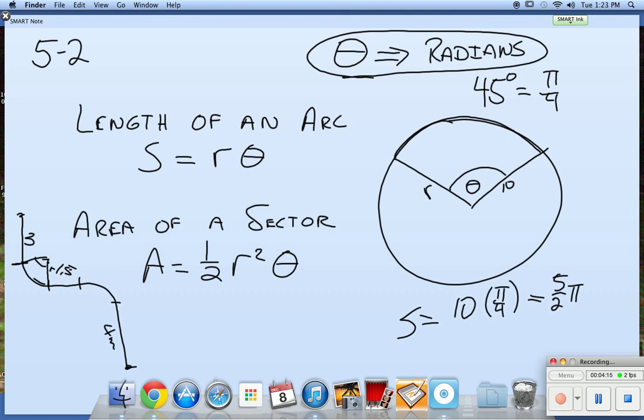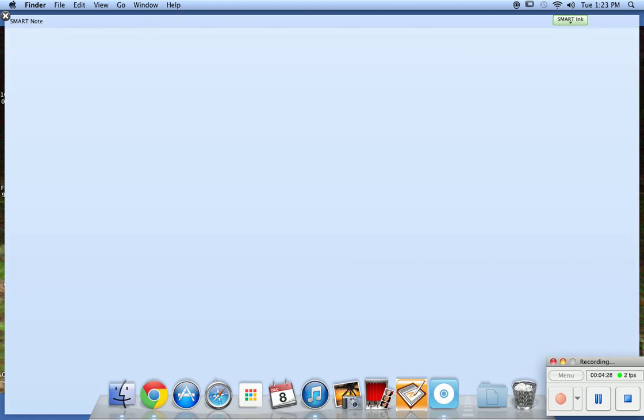Let's see, page 251. Should we do evens or odds? 17, 19, 21, 23.